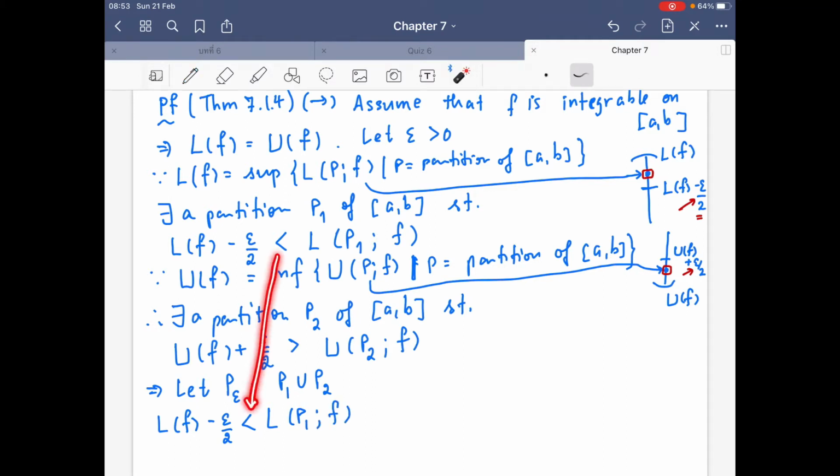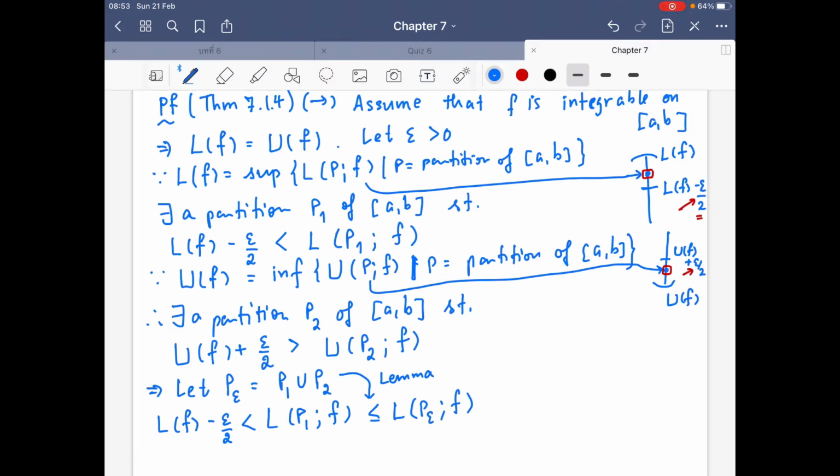By the lemma about refinement, this will be less than or equal to the lower sum of the P1 union P2 partition.